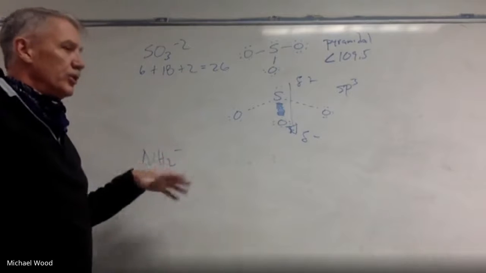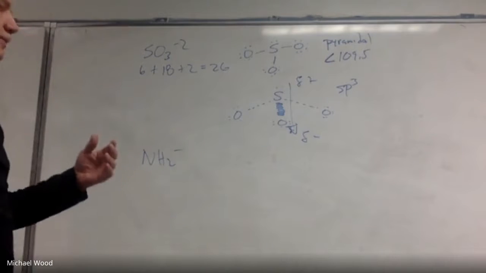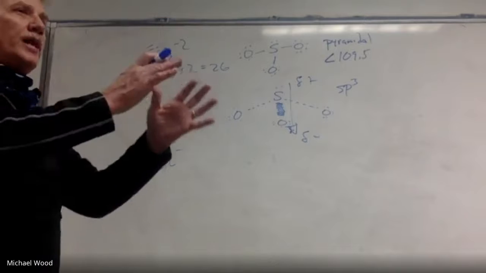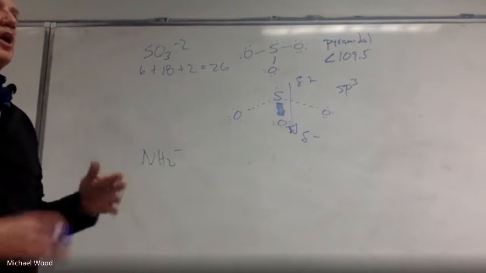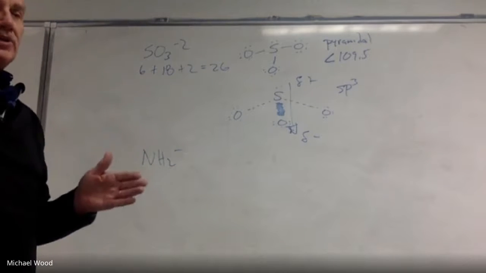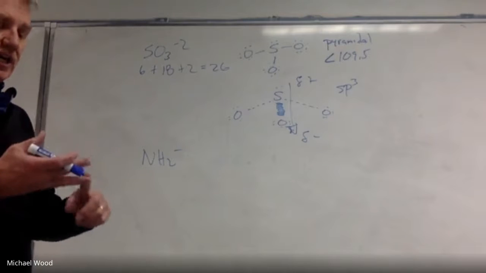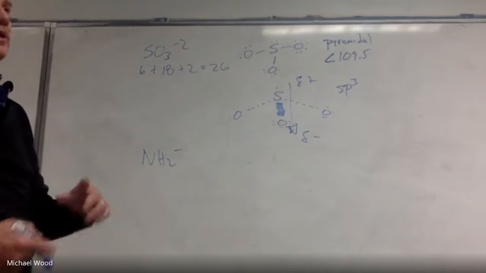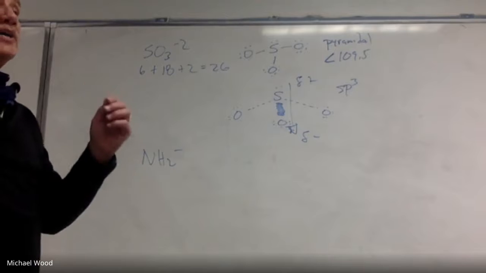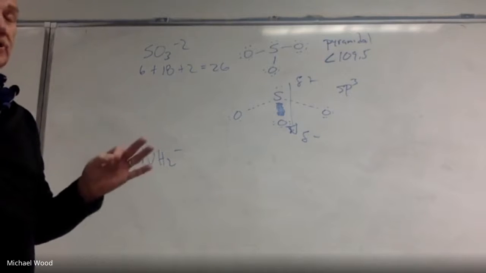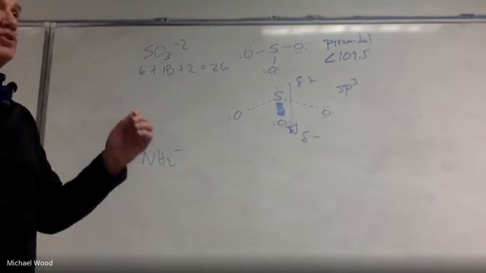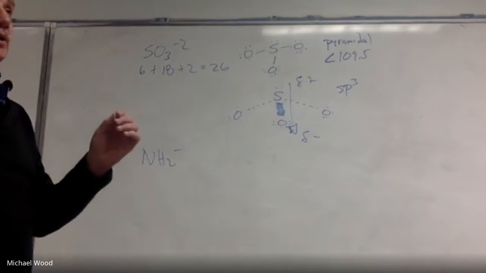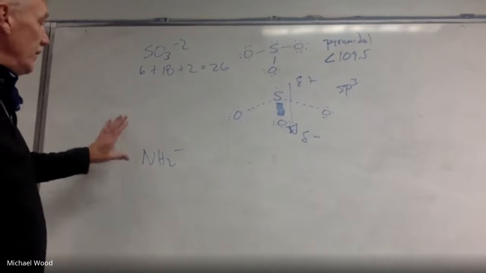We're going to do the dots and the shapes, but the strong bases, just for future reference, are the alkali metal hydroxides, so LiOH, NaOH, KOH, RbOH, and so on, as well as 3 of the alkaline earth metal hydroxides: Ca(OH)2, Sr(OH)2, Ba(OH)2. Well, this is the strongest base there is.